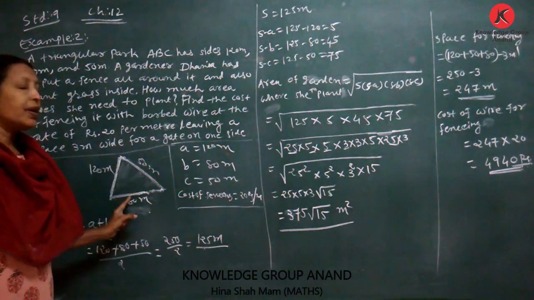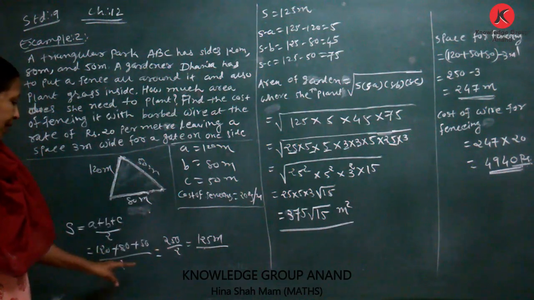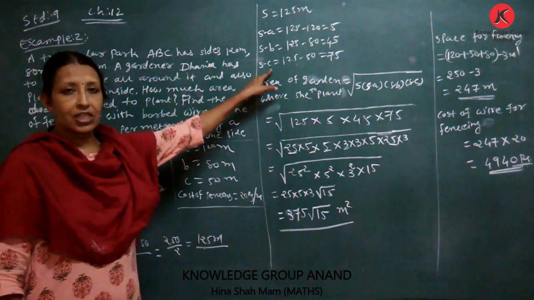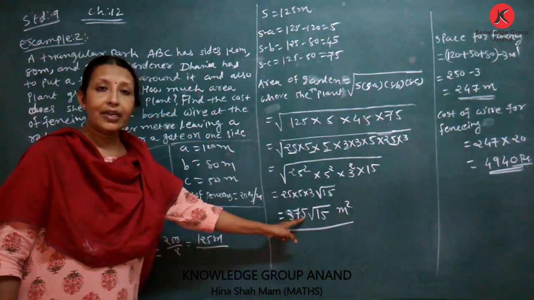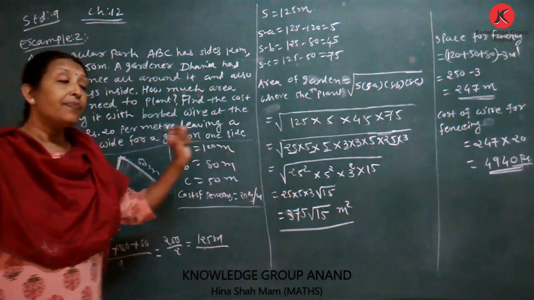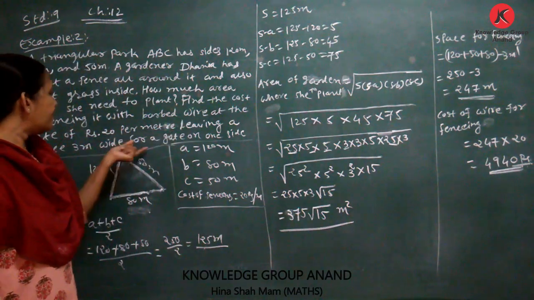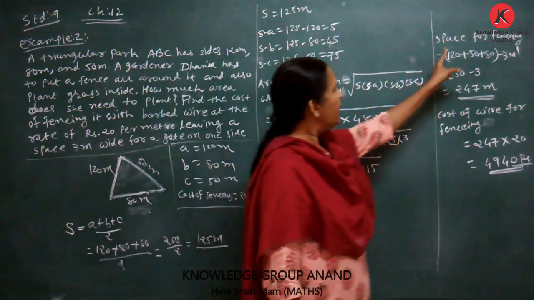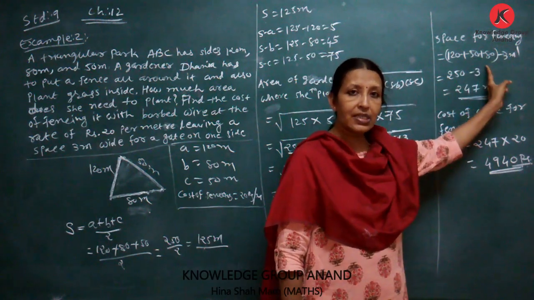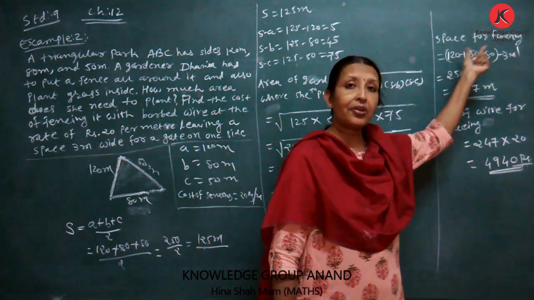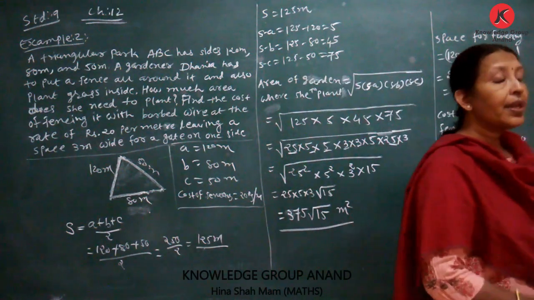First we find the semi-perimeter, then S minus A, S minus B, S minus C, and use this formula to find the area of the triangle. Leaving 3 meter side for the gate, the space for fencing is the sum of all sides minus 3, that means perimeter minus 3. 250 minus 3 is 247 meter.